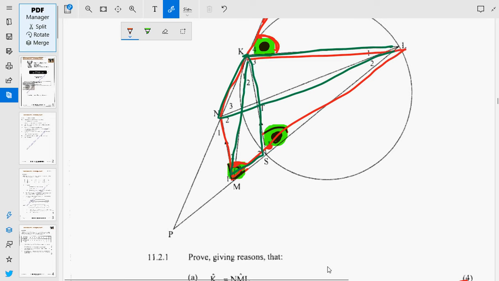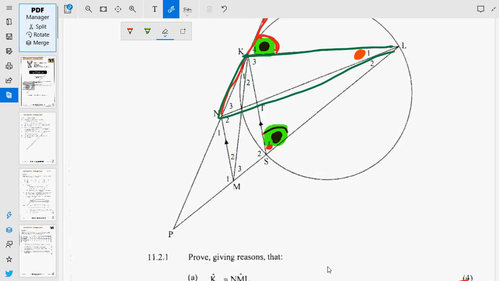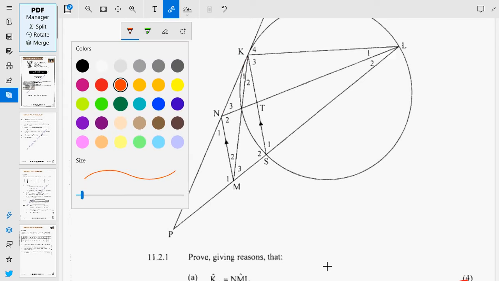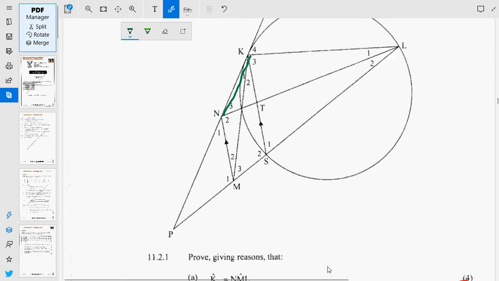So what you can see here is that L1 is equal to, okay, now I've messed this diagram up and I can't see. So let me quickly erase what is happening here. So I'm proving similarity in this triangle and this triangle here.